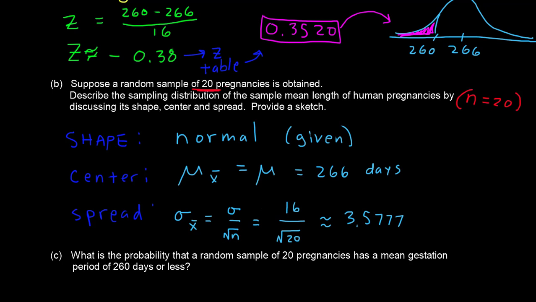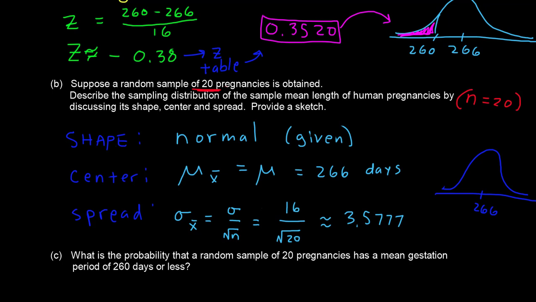So to draw a figure here to sketch this sampling distribution, I'm going to draw these properties. We were given the info that we have a normal curve, the center is at 266. And if I was to label this, I'm not just going to label it X, but I'll label it X with a bar. Okay, so now that we've got this distribution, we know what it looks like.